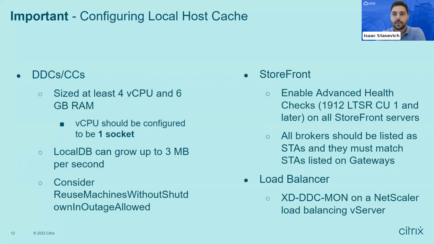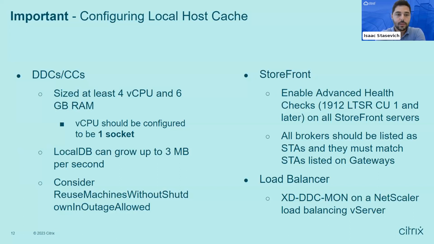I do want to just emphasize this slide quite a bit. We're going to talk about configuring localhost cache and making sure you're available. This is one of the most important slides that we're going to talk about here, because from our support cases, from our failed launches, this is what we see being the main issues with people and localhost cache. So our delivery controllers and cloud connectors should be sized at the very least 4 vCPU and 6 gigs of RAM.